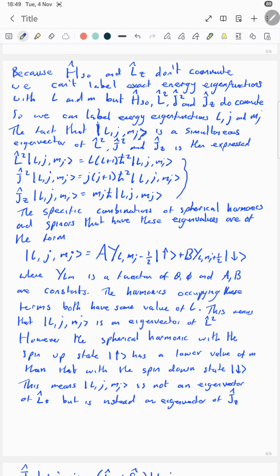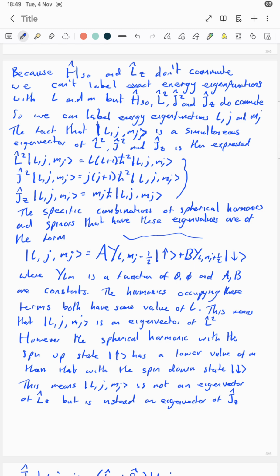We expressed these earlier on, but this is in Dirac notation now, taking into account the other components as just explained. The specific combination of spherical harmonics and spinors that have these eigenvalues are of the form here, where Y l m, as we know, is a spherical harmonic, a function of theta and phi, and a, b are just constants.